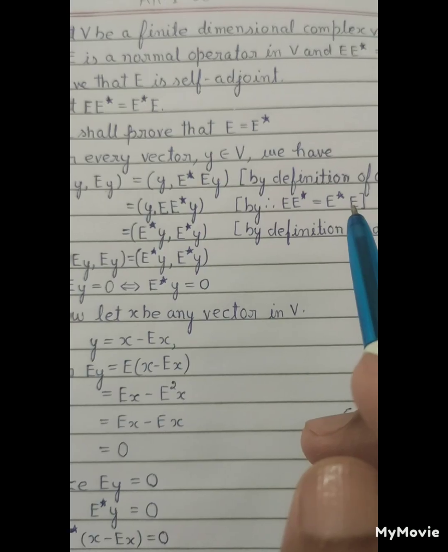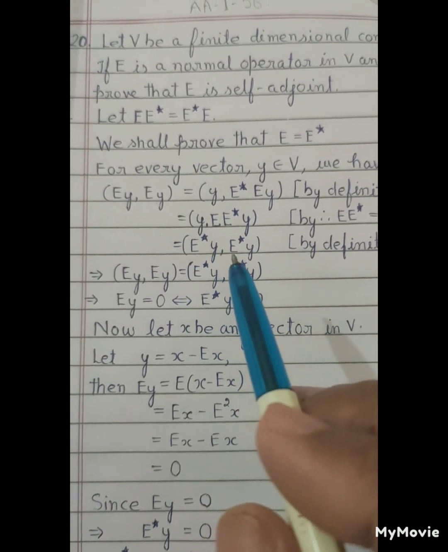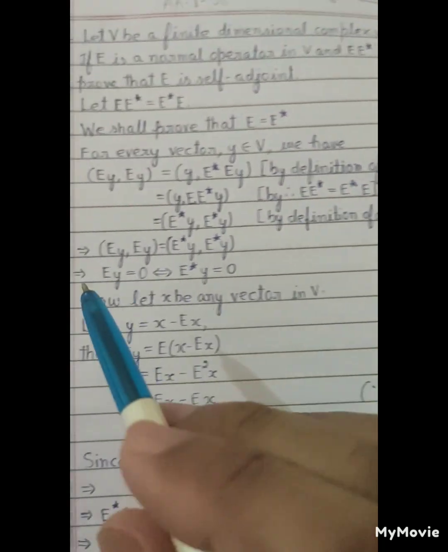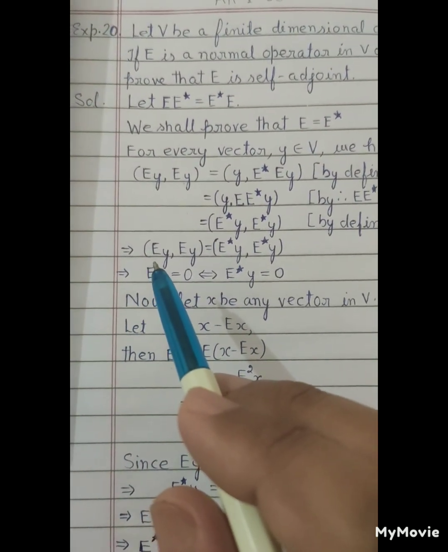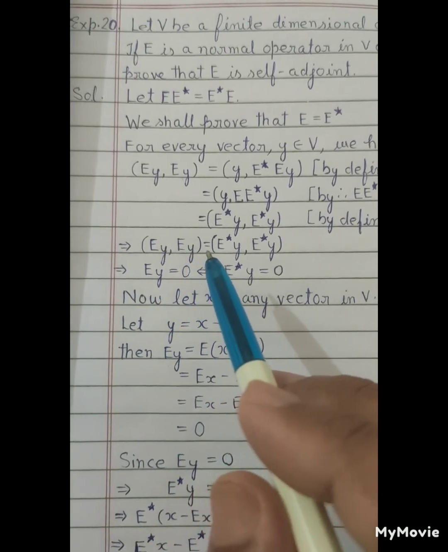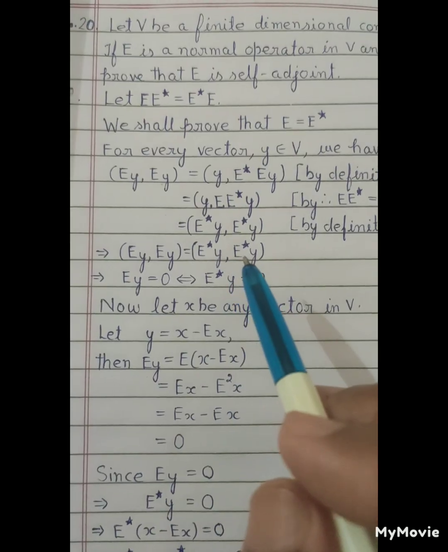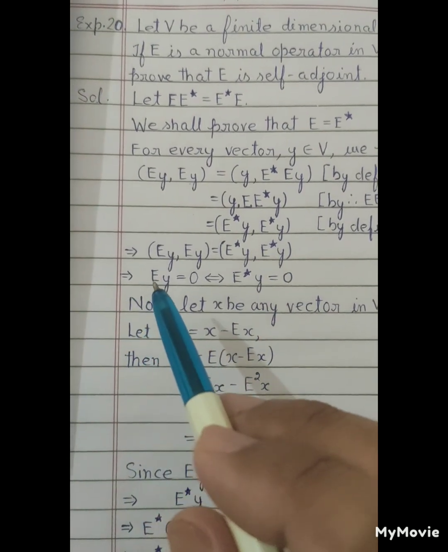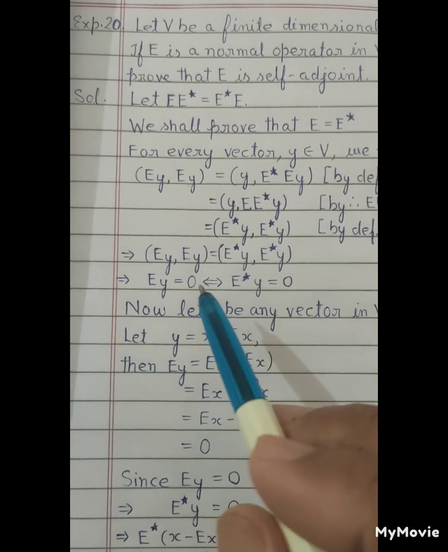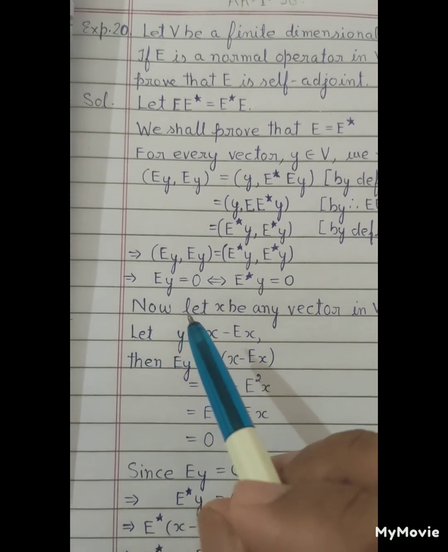So ⟨E star E y, y⟩ equals ⟨E star y, E star y⟩ by the definition of the adjoint operator, which implies E of y equals 0 if and only if E star y equals 0.